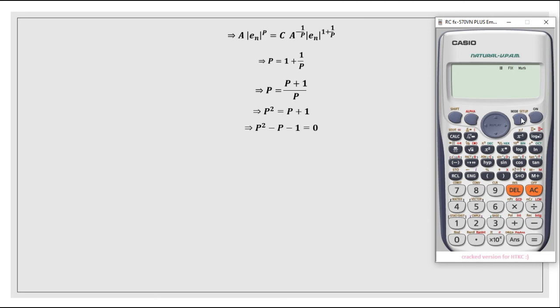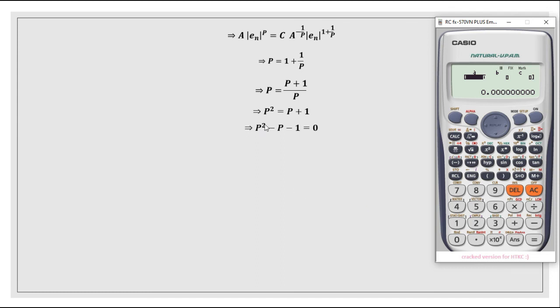So in the calculator, you need to press the mode button, and after pressing the mode button, you need to press 5 for equation. After pressing 5, these are some equations. The first two are linear equations, and the third one is the quadratic equation, which is ax square plus bx plus c is equal to 0. So I will press 3 for the quadratic equation.